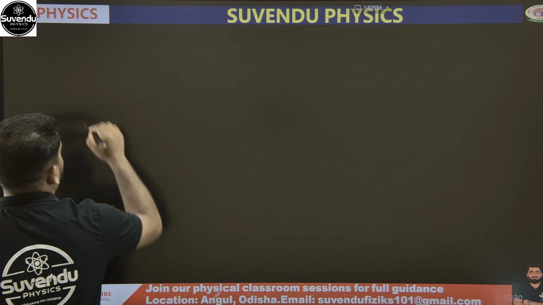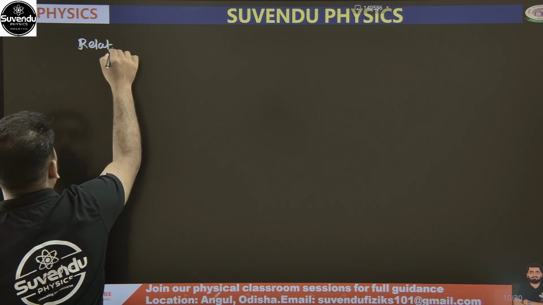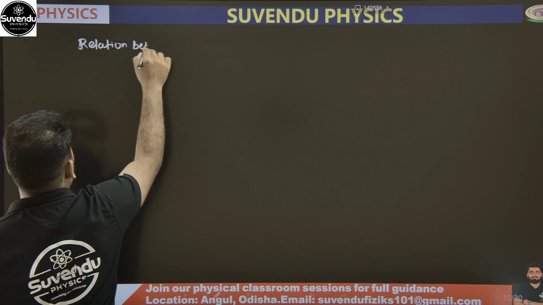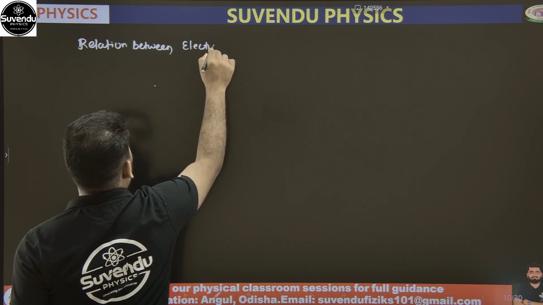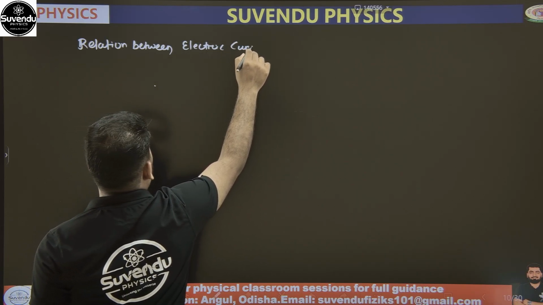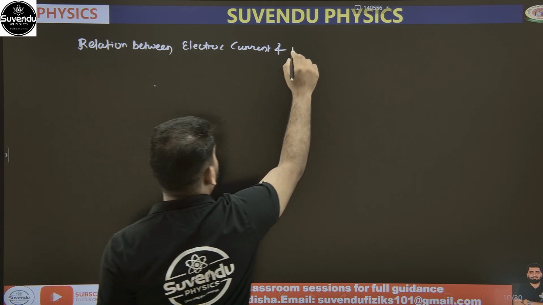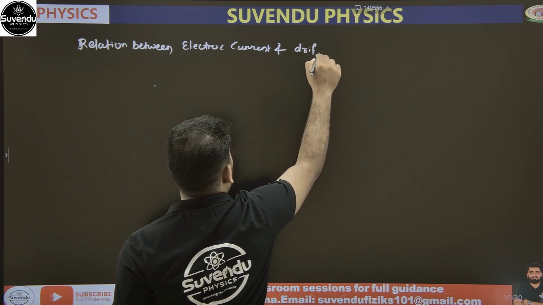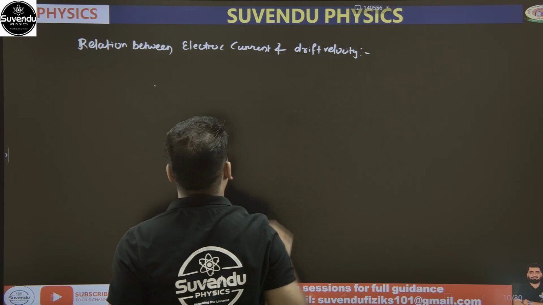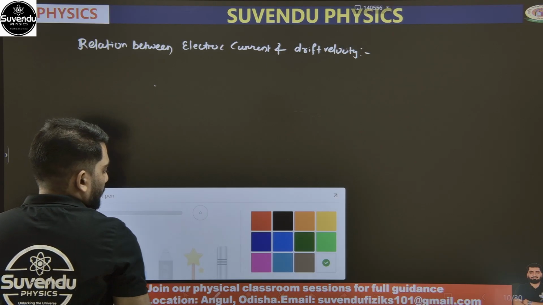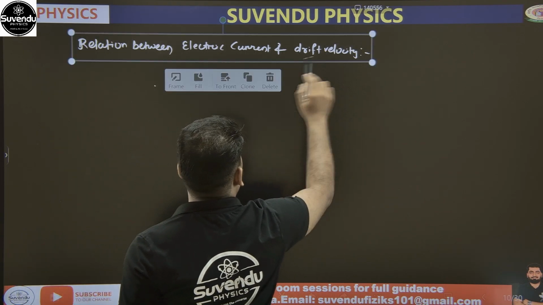Our next heading is relation between electric current and drift velocity. What is that relation? So how to derive the relation?